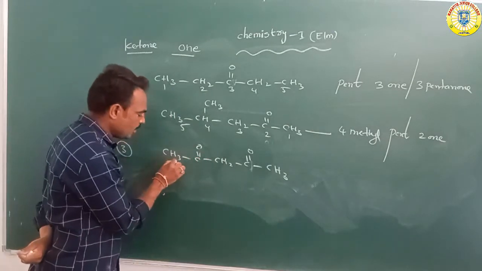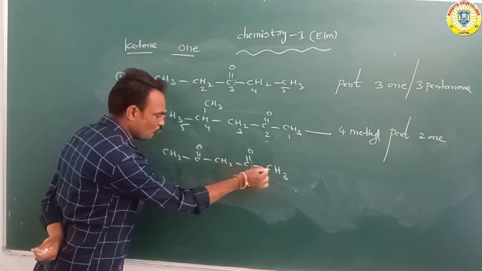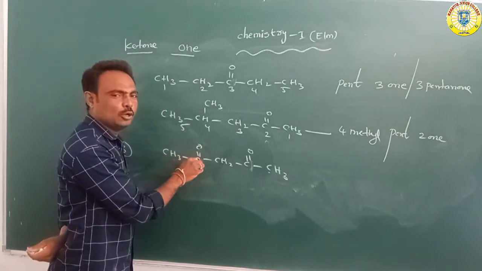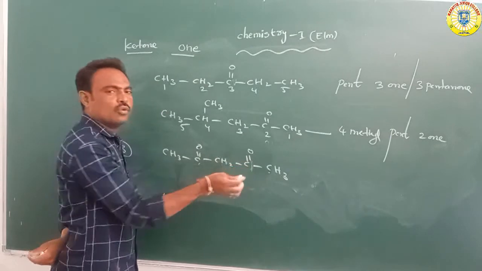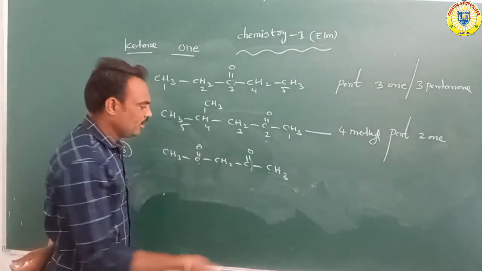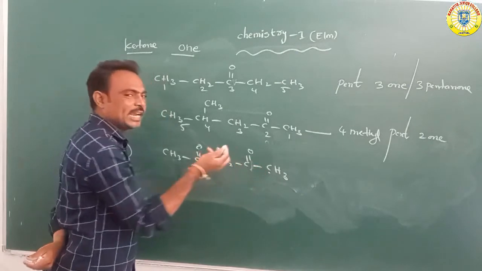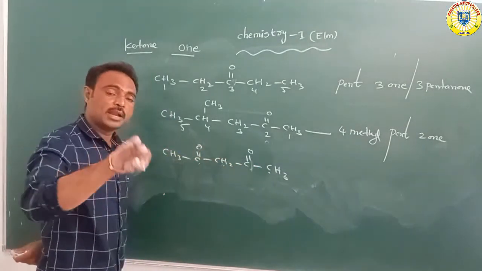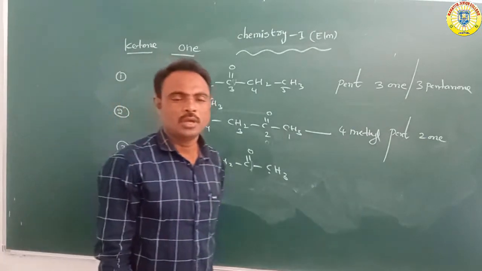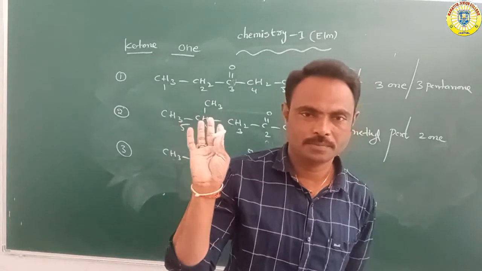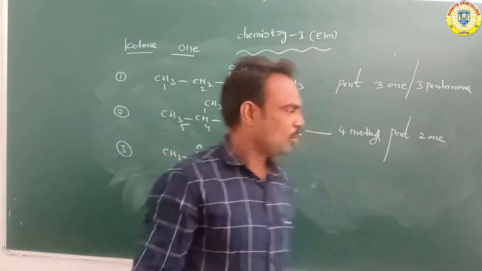Suppose 1, 2, 3, 4, 5: the second carbon is attached with ketone, and the fourth carbon is attached with ketone. From the right side, 1, 2, the second carbon attached with ketone; 3, 4, the fourth carbon attached with ketone. So whether we give the number from the left or right side, both are equal.